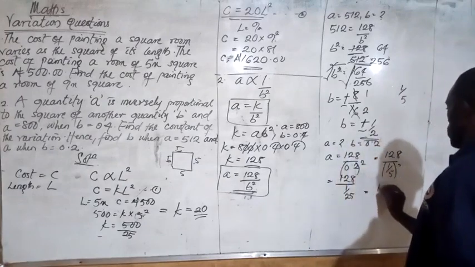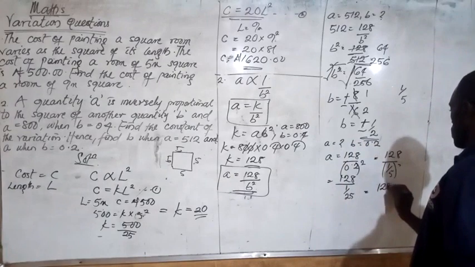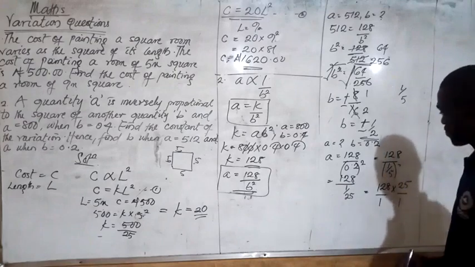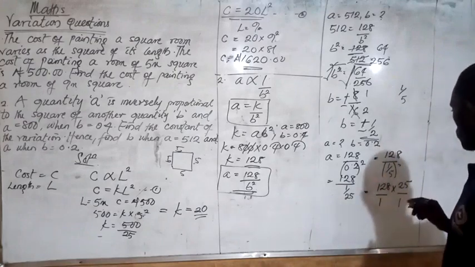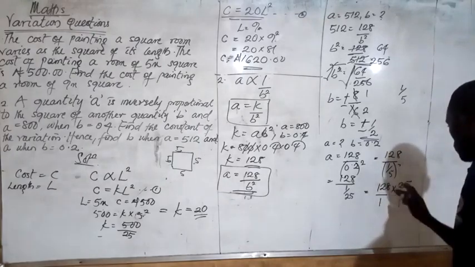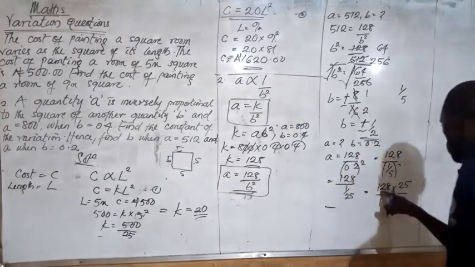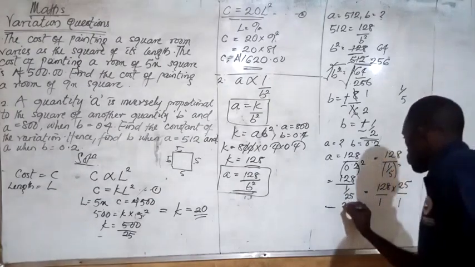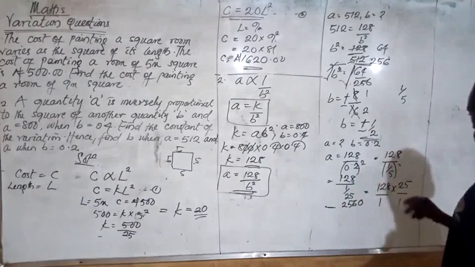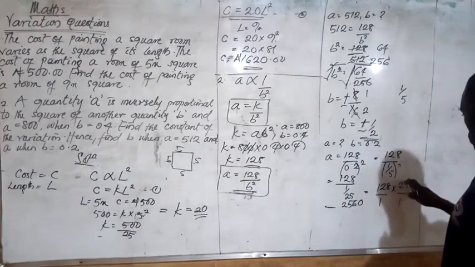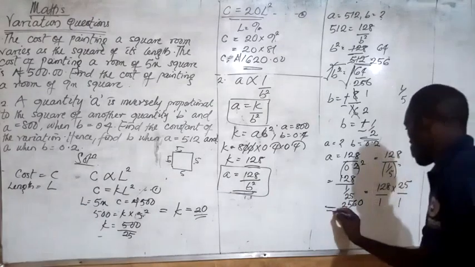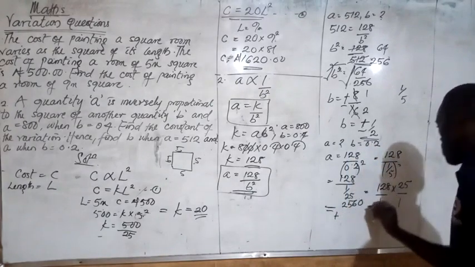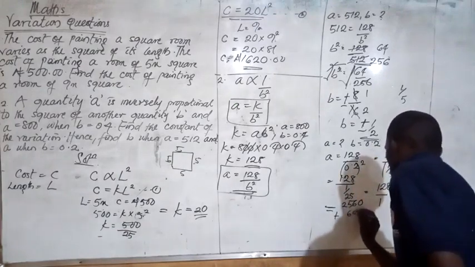So that here we have 128 over 1 times 25 over 1. So we're going to be using a calculator to resolve this. 128 times 2 is 2560, plus 5 times this, 10 equals this, so we have 640 plus 640.